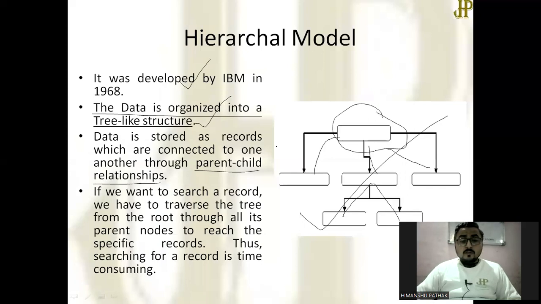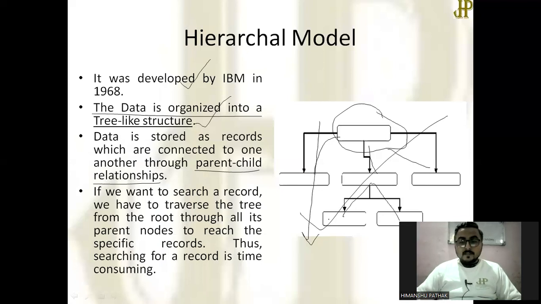If we want to search a record, what is to be done? We have to traverse the tree from the root and go to the specific record by moving downwards.